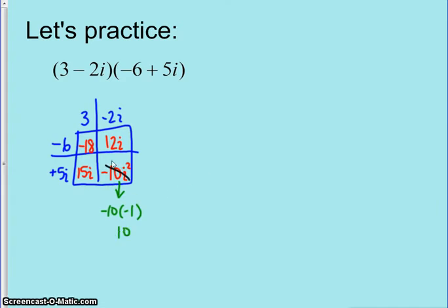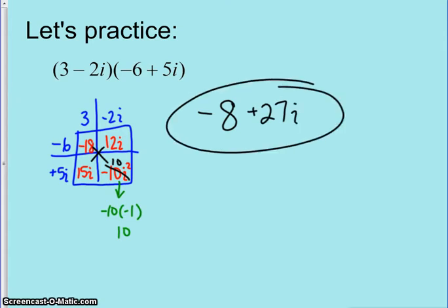Now, with this being a positive 10, if you look, our real parts are here, negative 18 and positive 10. So that will give us negative 8. Our imaginary parts are diagonal from each other as well, so 15i and 12i is going to give me 27i. So negative 8 plus 27i is the answer for the multiplication problem of these two complex numbers.